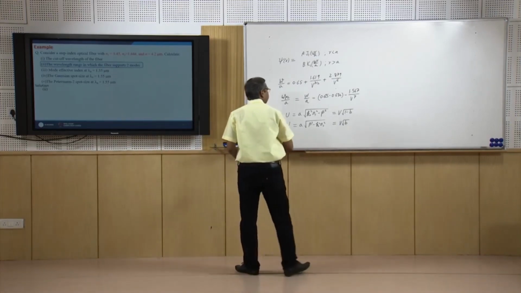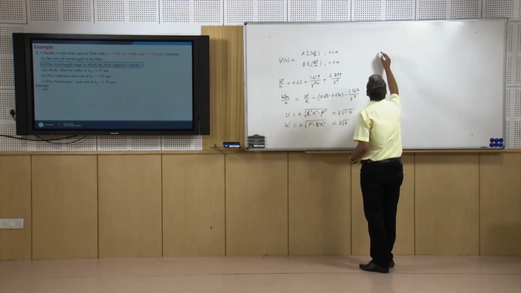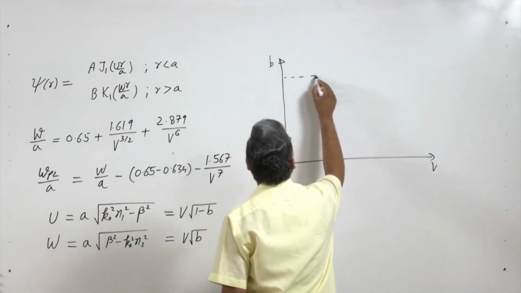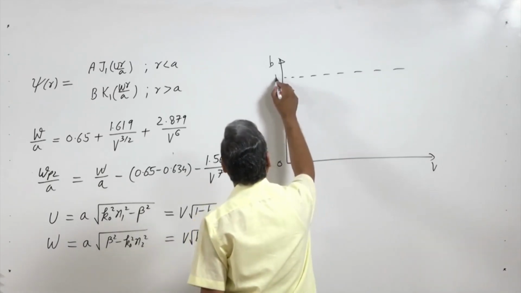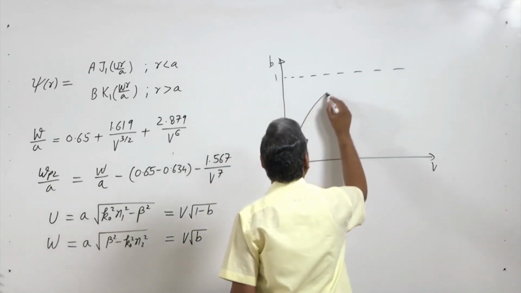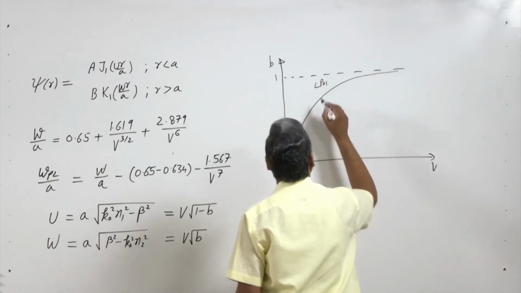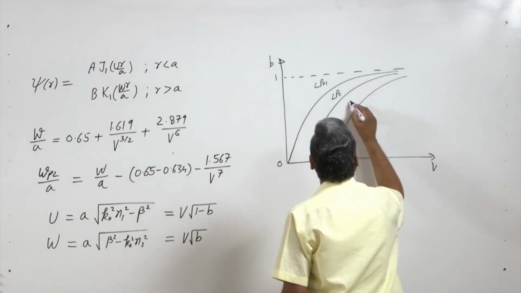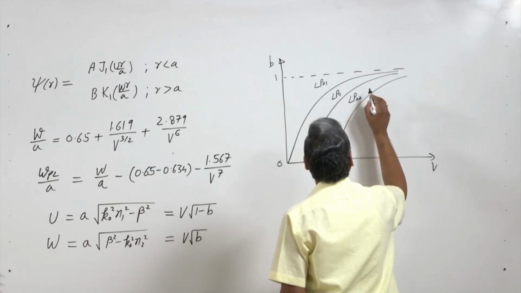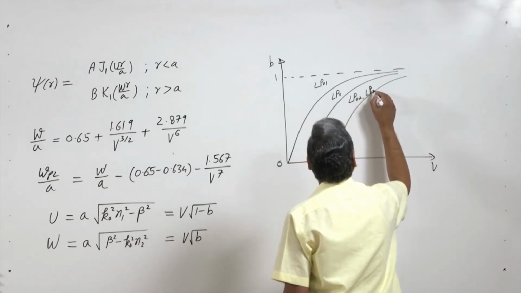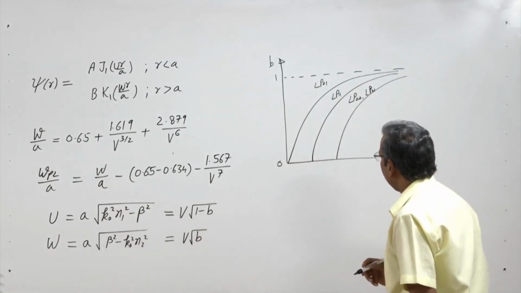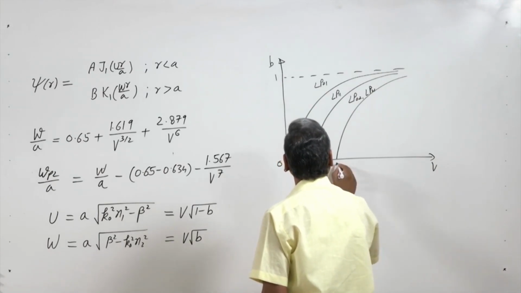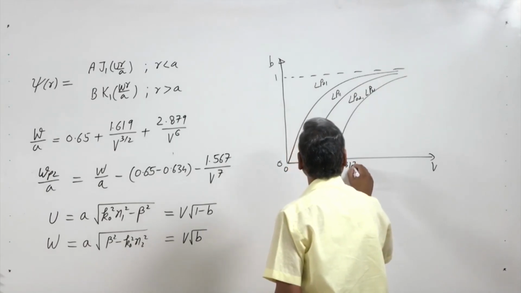If I look at the B-V curves for a fiber, this is B equal to 0, this is B equal to 1, this is LP01 mode, this is LP11, and this is LP02 and LP21, and what I see, this is 0, this is 2.4048 and this is 3.8317.